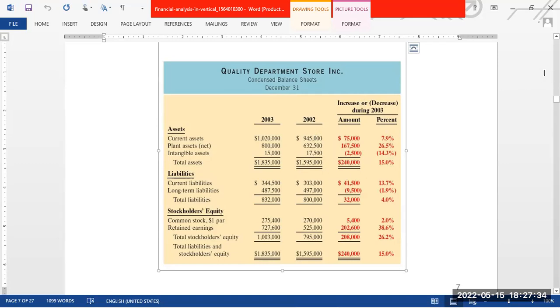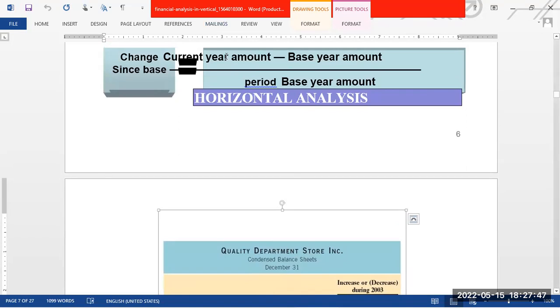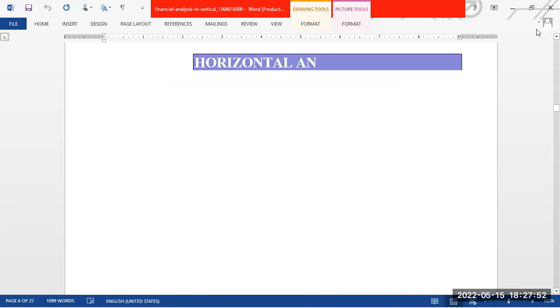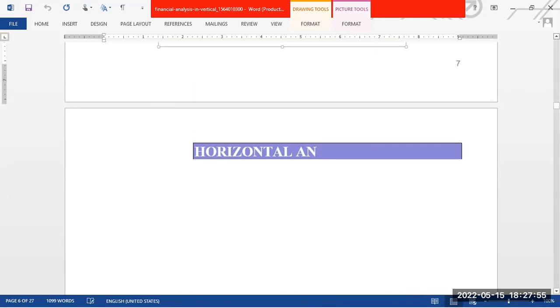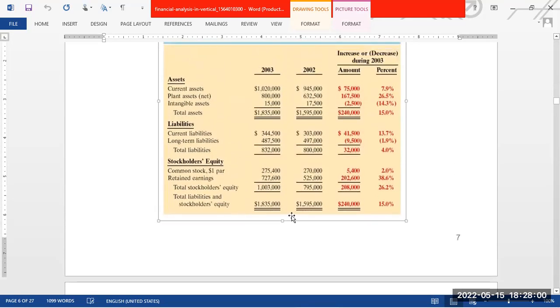How do we get the percentages for the horizontal analysis now? As this formula is concerned, after getting the increase, which is what we have been doing, just taking the current year amount minus base year amount, you're supposed to be getting a decrease or increase. For you to get the percentage, you take current year's amount minus base year's amount, everything all over base year's amount.